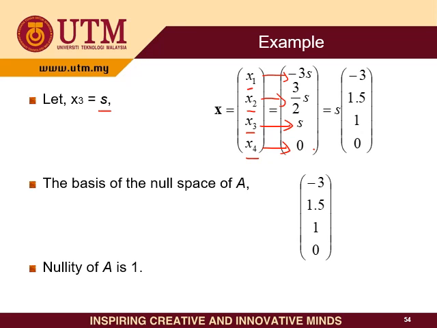So we can bring the s out here, and then we can find our basis of the null space of A, which is negative 3, 3 over 2, 1, and 0. This is our basis of the null space of A. The nullity of A is the dimension here, which is 1.